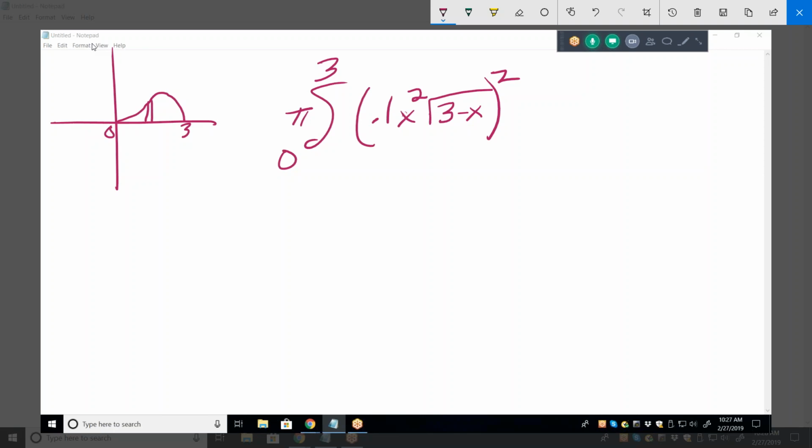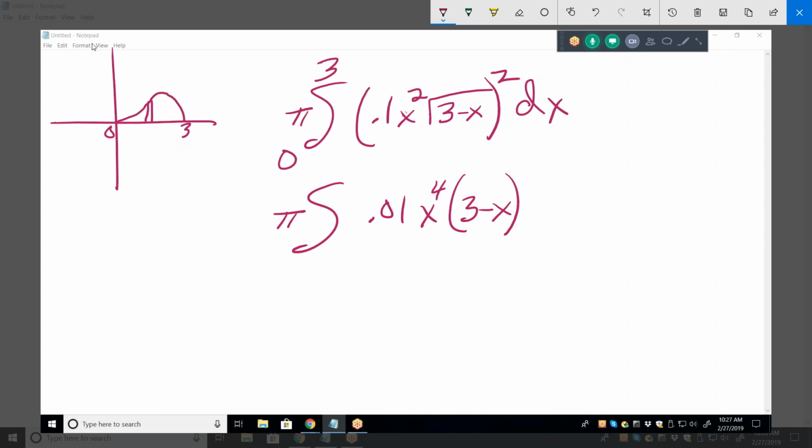Can we take the 1/10 out since it's a constant? No, we can't. It's inside the parentheses being squared. Okay. Well, our next step is to square that. I can square 1/10, becomes 1/100th. I can square x squared, that becomes x to the 4th. And I can square this, which becomes 3 minus x.